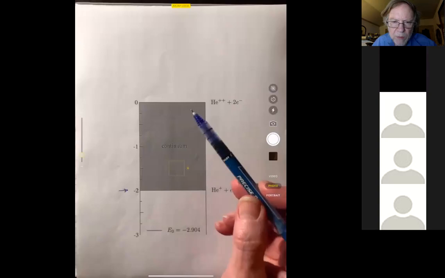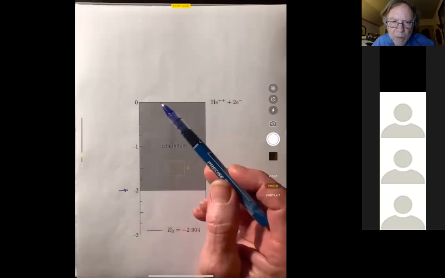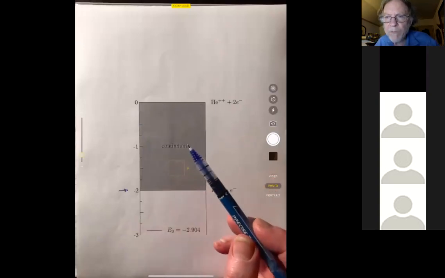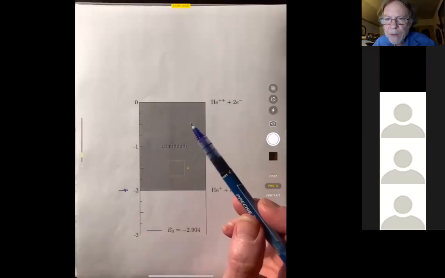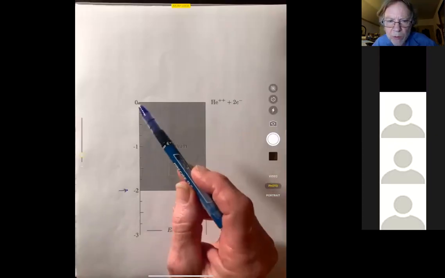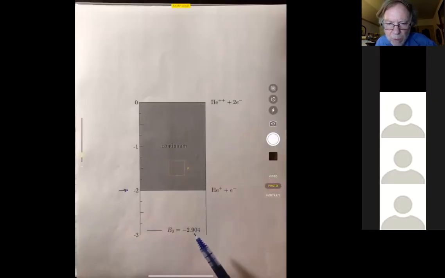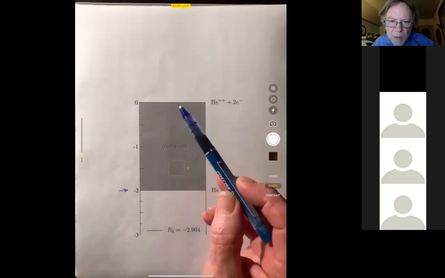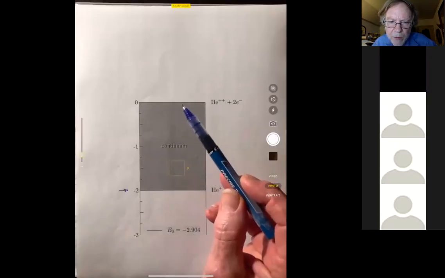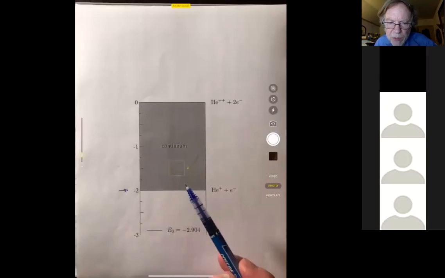So if we regard this final state in which all 3 particles are separated at infinite separation as the state of zero energy, which is what we'll do, then the ground state energy is at minus 2.904. However, the continuum is not at E equals 0, the way that it was with hydrogen. Rather, it's at the energy of minus 2.